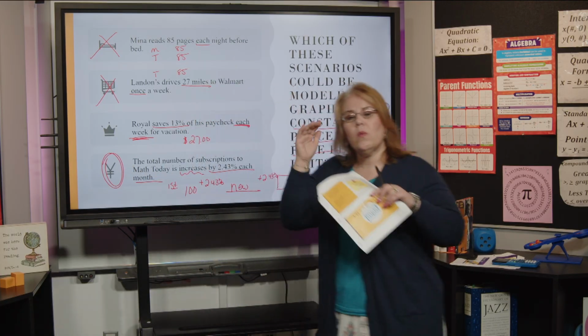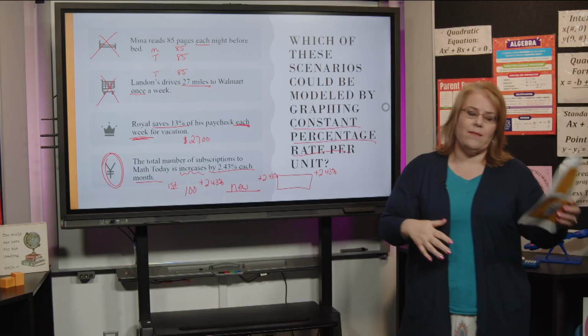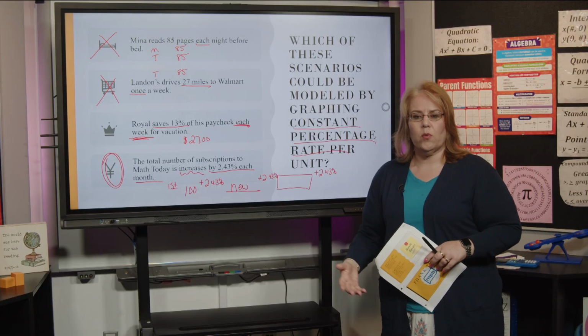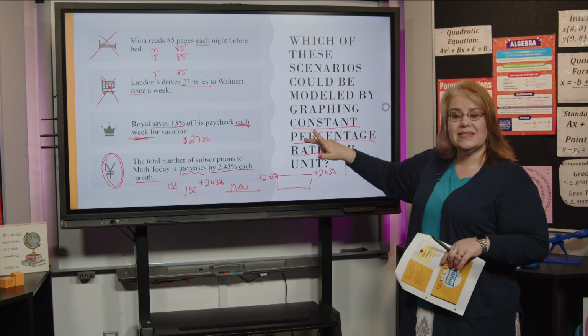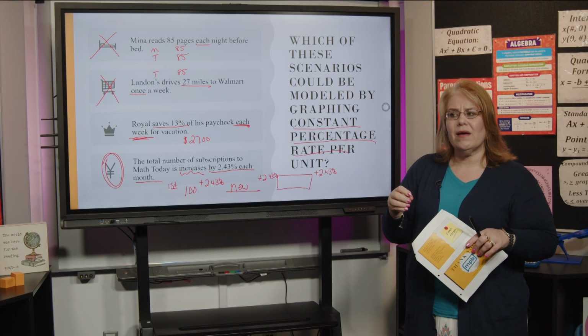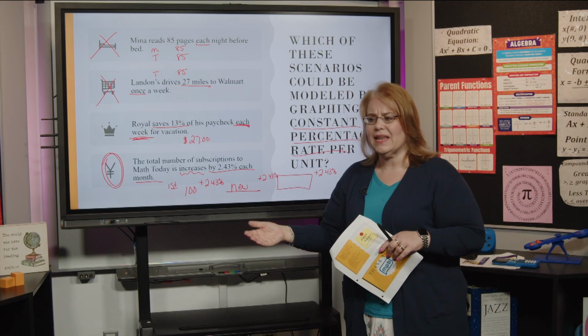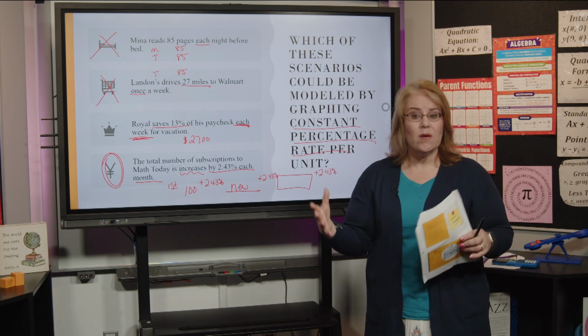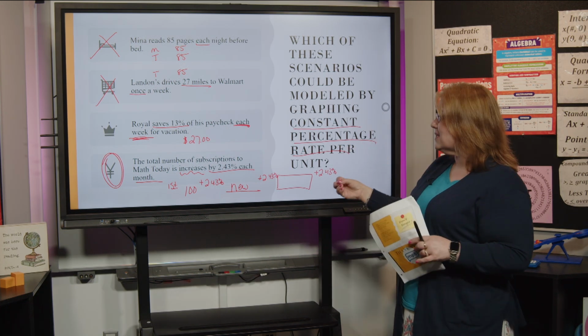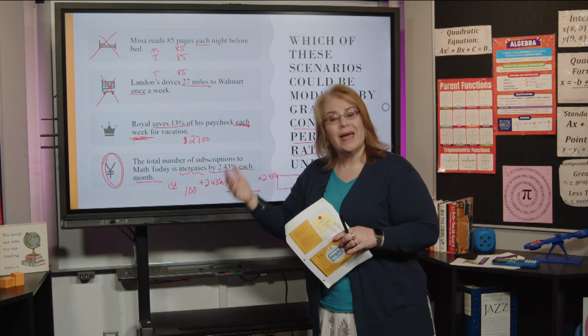So see how we went through each scenario and said, I'm doing this to go to my different points. That's what you have to do sometimes. Because between Royal and Math Today, you really had to go and say, okay, so if this is how much Royal's getting each paycheck, then I'm adding that amount, that same amount. So it's not a percentage, it's just a percentage of his paycheck.